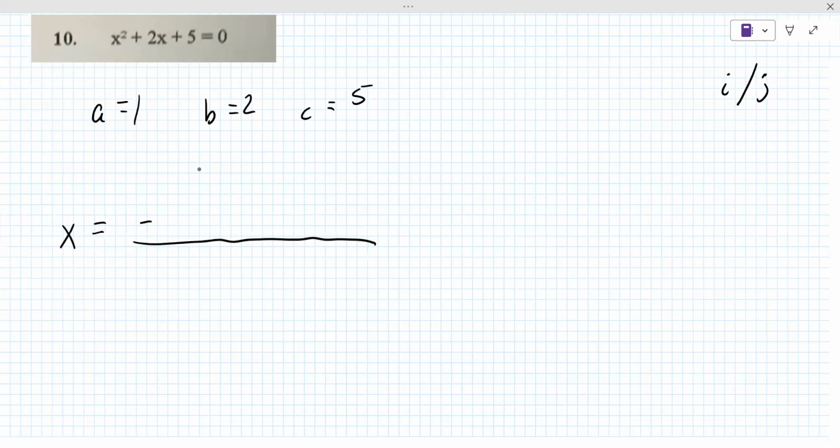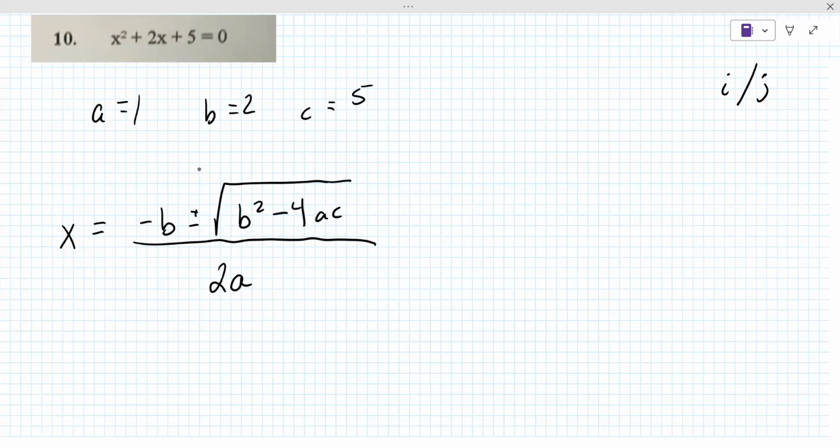Negative B plus or minus the square root of B squared minus 4AC all over 2A. Very good. All right, so I recommend you calculate B squared minus 4AC first. It also kind of clues you into the complexity of the answer, whether it's real, complex, or nice.